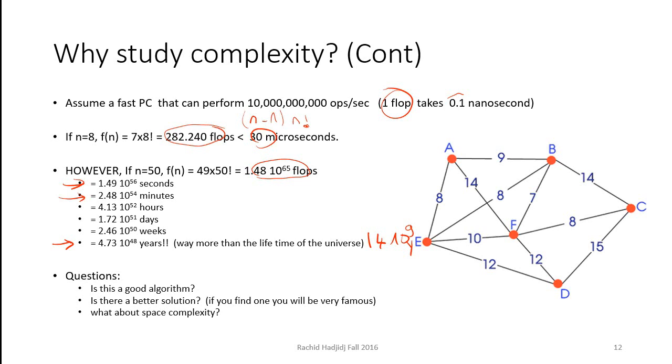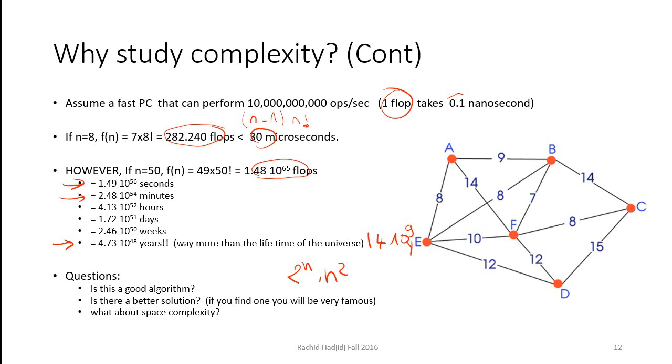The best that exists so far has an exponential worst case complexity. So it's in the order of 2 to the power n, multiplied by, if I remember, there is a solution which has complexity 2 to the power n times n to the power 2. And this, by the way, uses a technique based on dynamic programming.